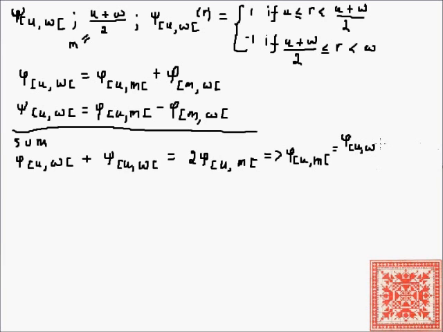So phi from u to m is equal to (phi from u to w plus psi from u to w) divided by 2.